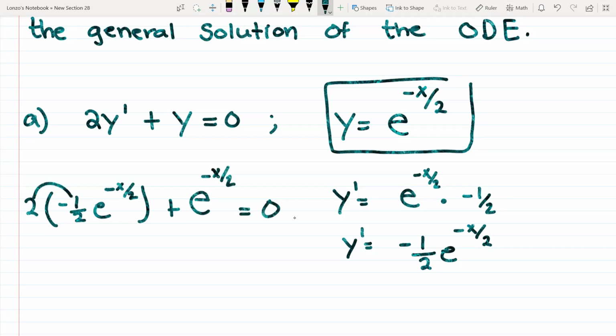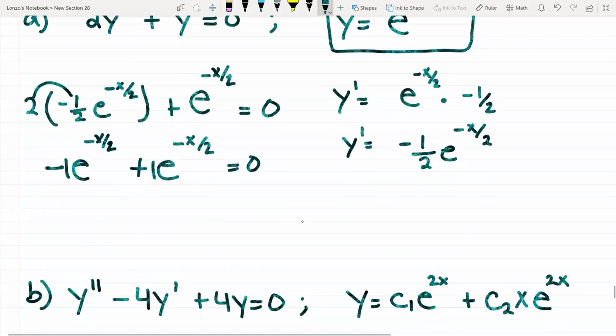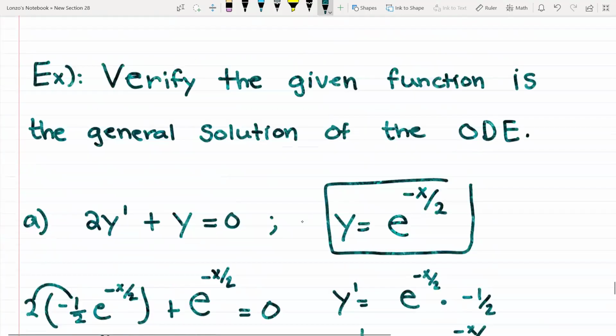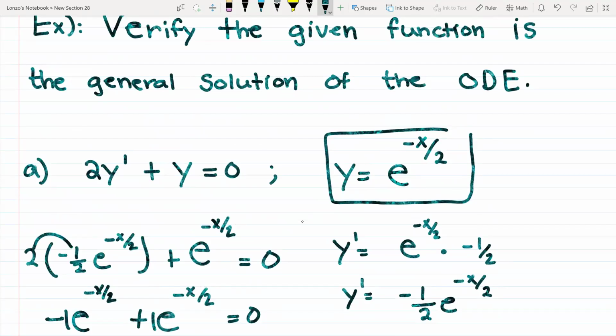Multiplying this out, 2 times negative 1/2 is negative e to the negative x over 2, plus e to the negative x over 2. Is that equal to 0? Yes, it does. Negative 1 times e to the negative x over 2 plus 1 times e to the negative x over 2 cancels and becomes 0. So this just proves that this is a solution of the ODE.